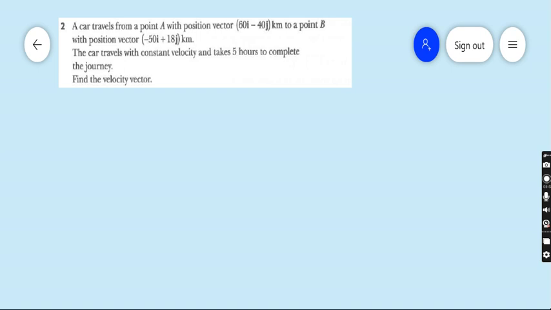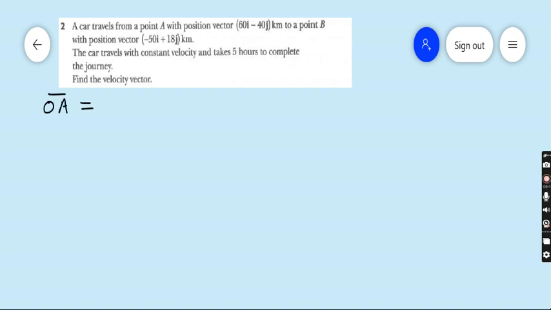A car travels from a point A with a position vector 60i minus 40j kilometers. So I can say that this is OA.